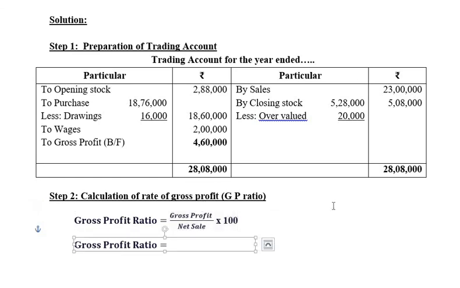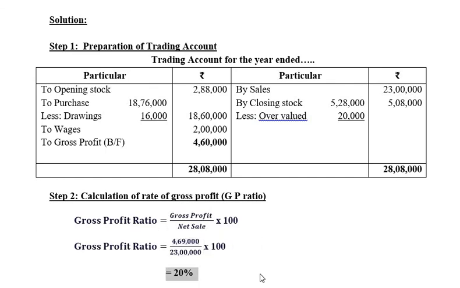What percentage do we get? 4,60,000 divided by 23 lakhs into 100 gives 20%. So the gross profit ratio is 20%.